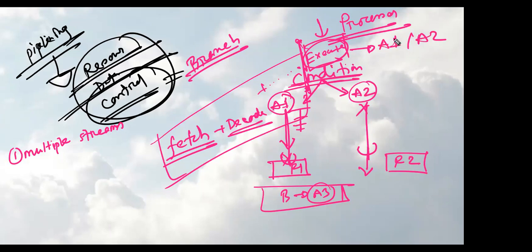When I decide, if it is A1, I will not go through all the subsequent instructions. Readily, I will use the result R1 because it is already executed. Or if it is A2, then I will jump to that result directly.